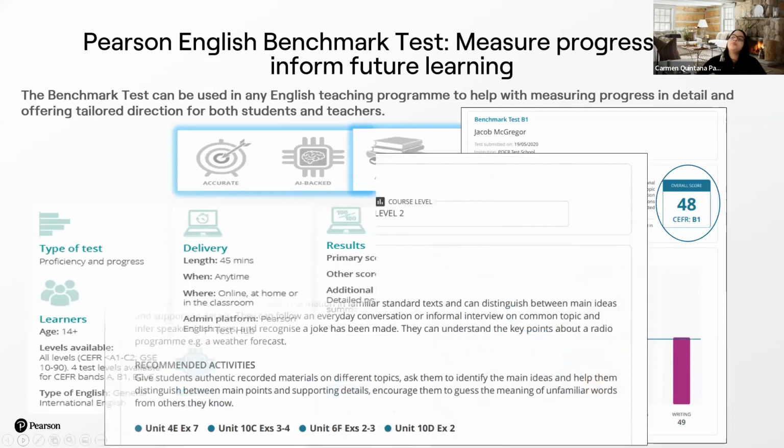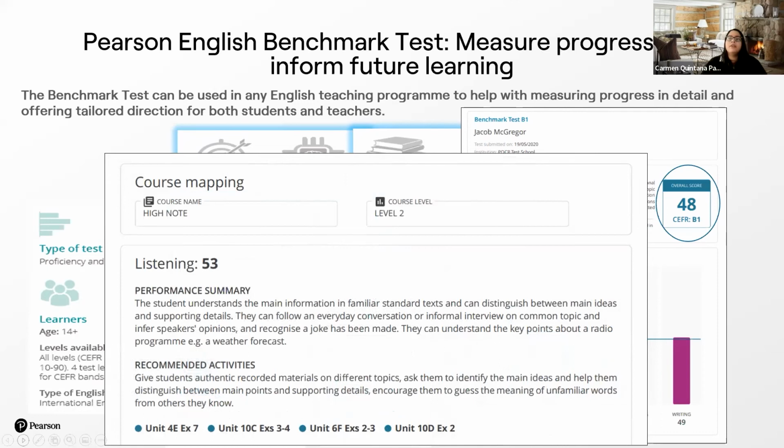Okay. Now, same as before, for the score report, you get a performance summary for each learner that helps you understand where they are as an overall, but also where they are with each one of the skills. And you can also use courseware mapping with this assessment, which means that if you are using a Pearson title, you can select it, you can select which level of that Pearson title you're using, and you will see this at the bottom.